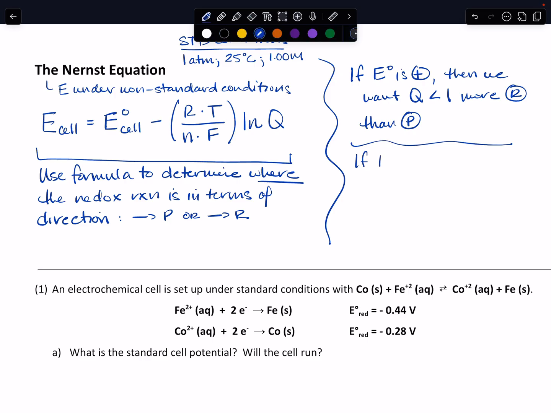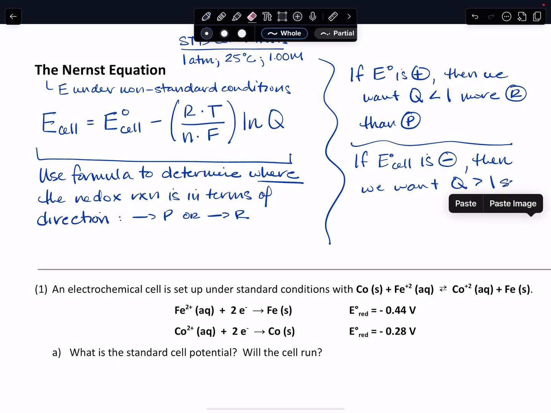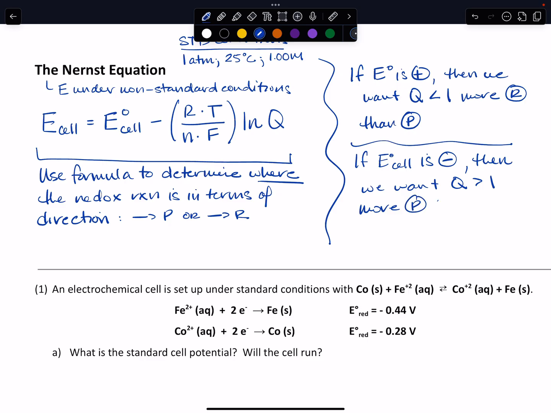If our E cell is negative, then we want Q to be greater than 1 so that we're on the product side, so more products than reactants.